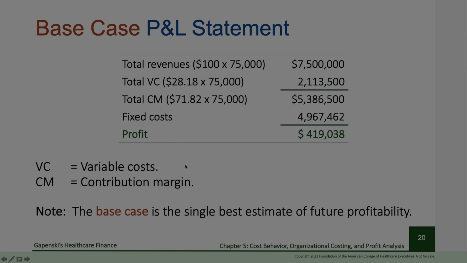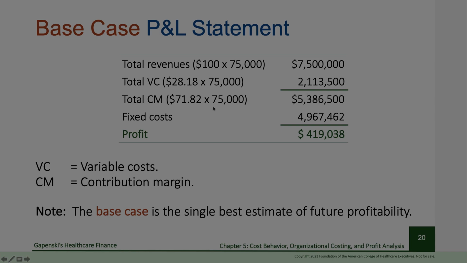This is a base case profit and loss statement where you have total revenues, which is 100 times 75,000, so 7.5 million that I just showed you. And then the total variable cost is $28. Remember, the variable cost rate is $28 per visit. We multiply it with 75,000 to get $2.1 million.